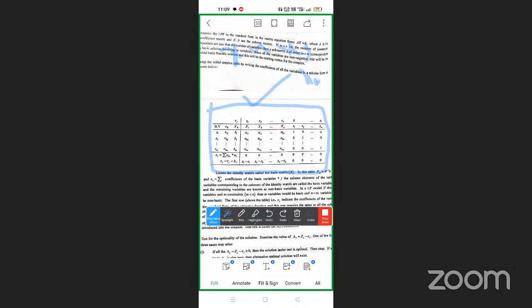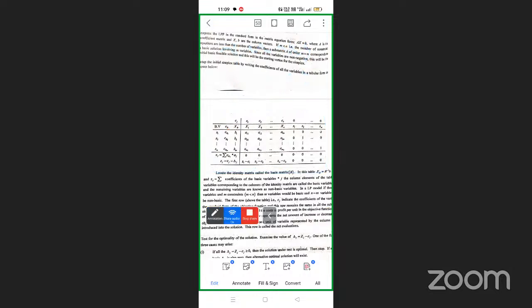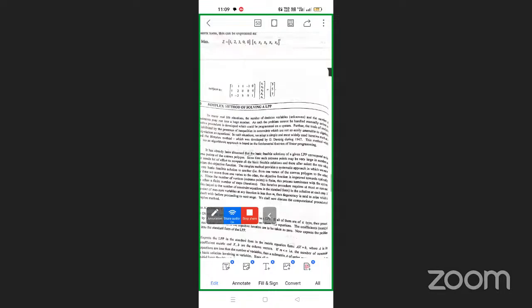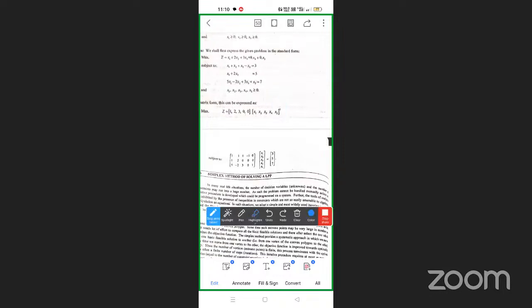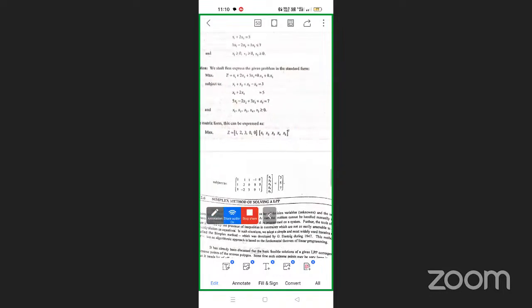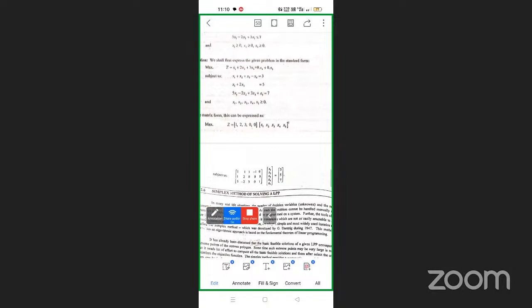Next, CB is nothing but the RHS of the constants. In this problem, the basic variables are the adding variables of the LPP, x4 and x5. CB is 3, 5, 7.